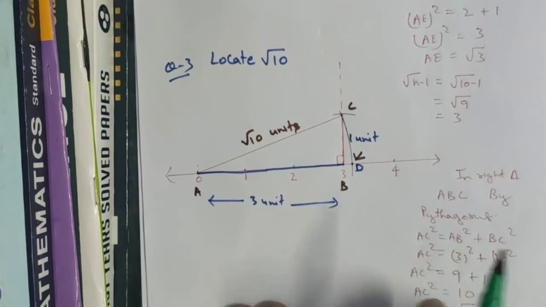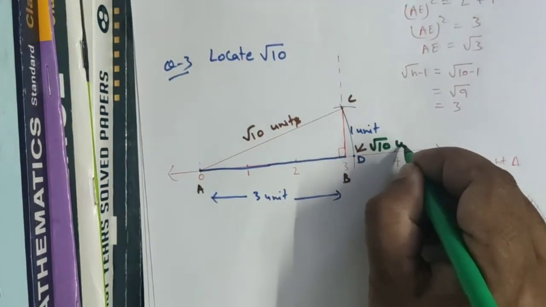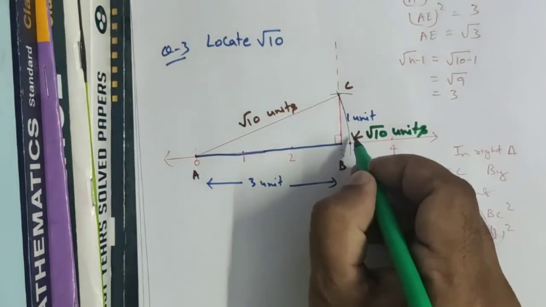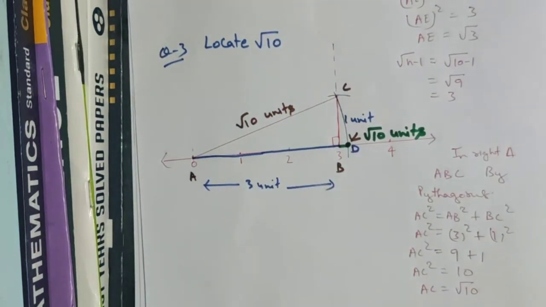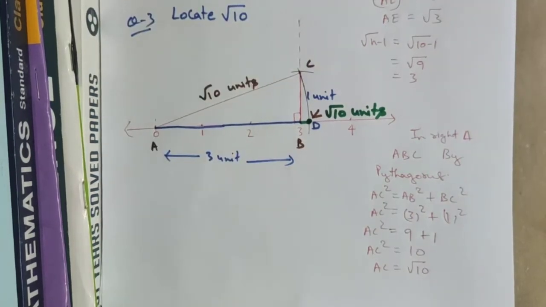This point D is root 10 units. This point D is under root of 10 units. Hope you have understood how to draw.